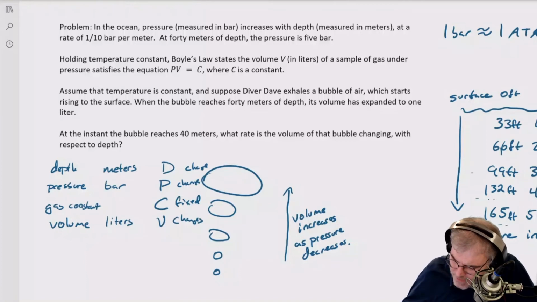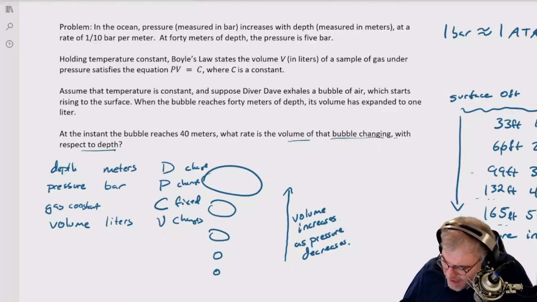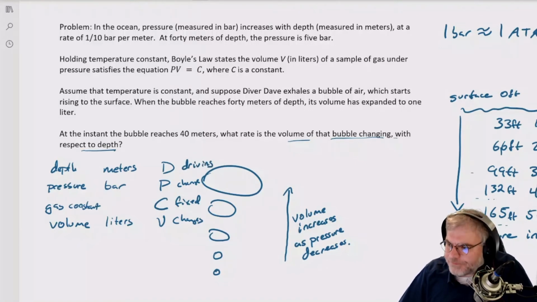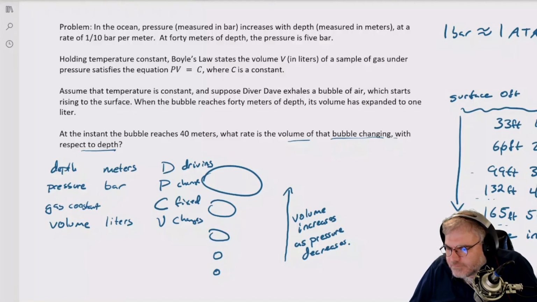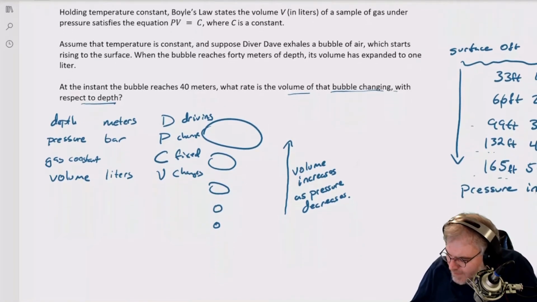Now, what is changing here? What is the rate of the volume changing with respect to depth? Depth is the thing that's driving. How do we feel about that, 1 to 5? So here's my picture.